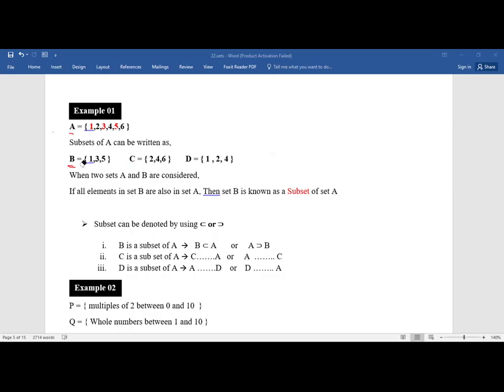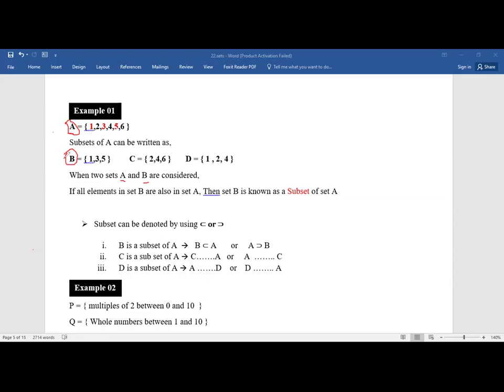Now what it says here is, when two sets A and B are considered, we are going to consider set A and set B. Can anyone tell me what the subset is when you are considering A and B? You can send me a message. Is A the subset?